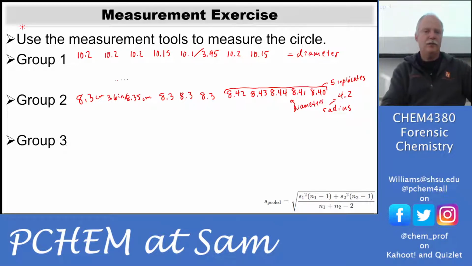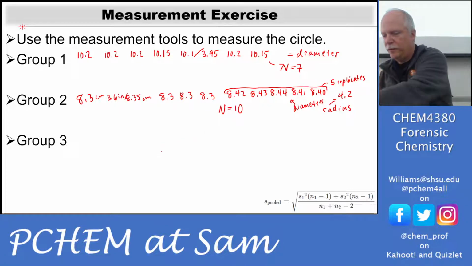What about number of measurements? Here we have 1, 2, 3, 4, 5, 6, 7, so n equals 7. Here we have 1 through 10, so n equals 10.